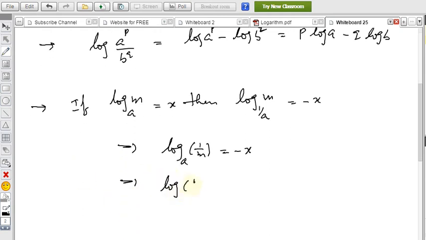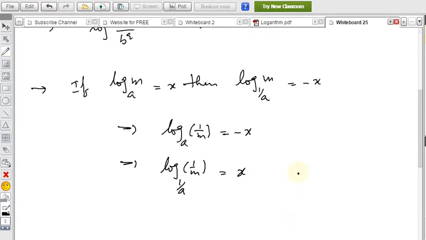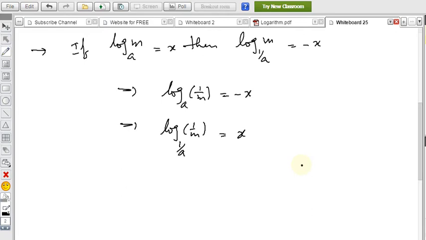Now log 1 by m to the base 1 by a is equal to again plus x. If you take reciprocals of both the base and the value, the sign will not change here, when you do two at a time.